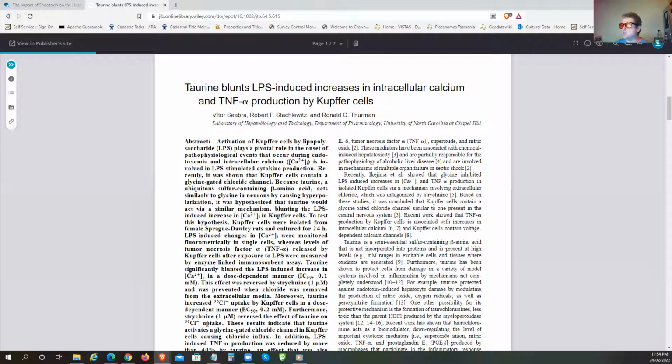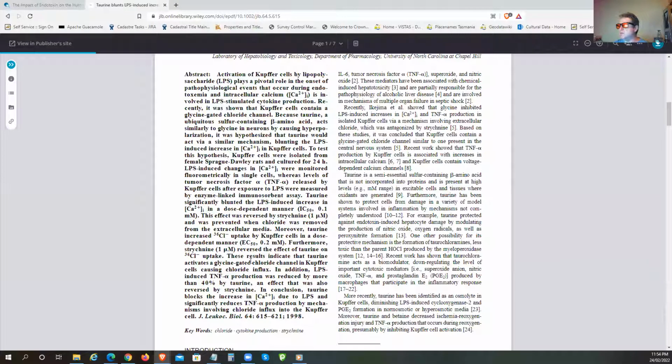So you can actually see how these things can have an effect when you use these medications or chemical substances. These results indicate that taurine activates a glycine-gated chloride channel in capillary cells, causing chloride influx.